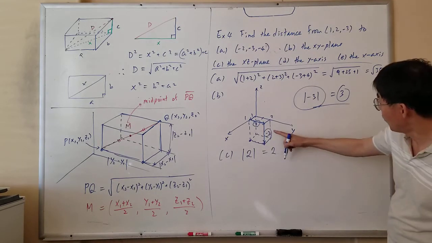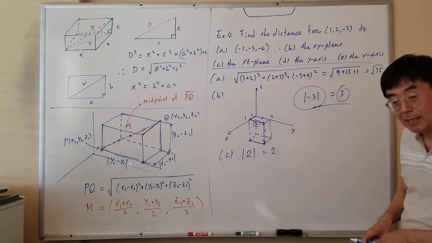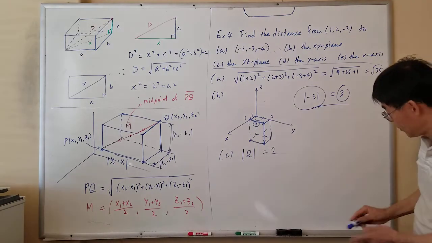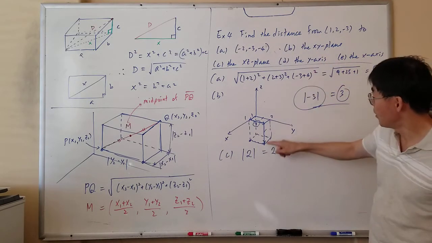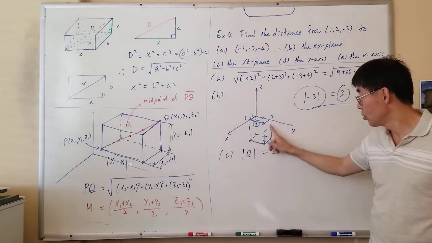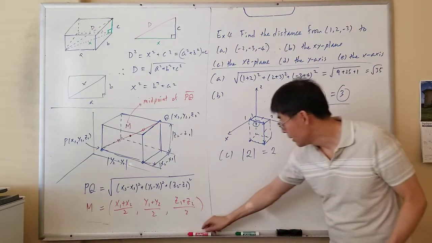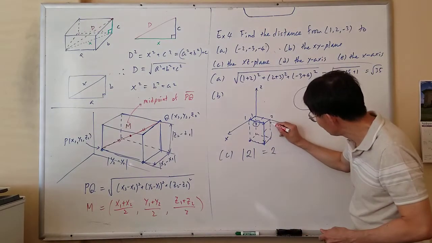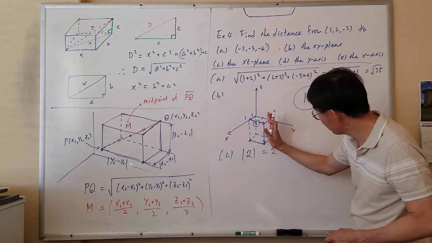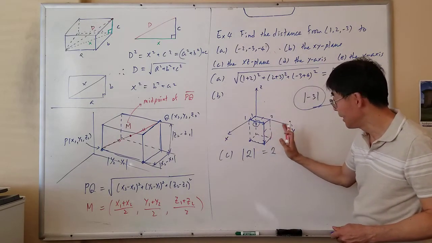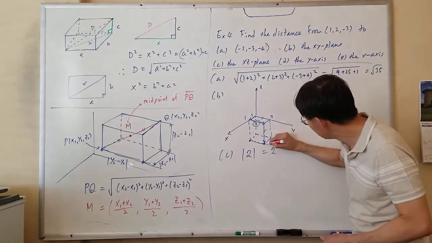What about the y-axis? So the distance from a point to a line will be a perpendicular distance. Then you have to measure through this plane, right? A plane perpendicular to the y-axis, this way.